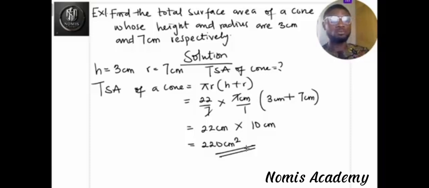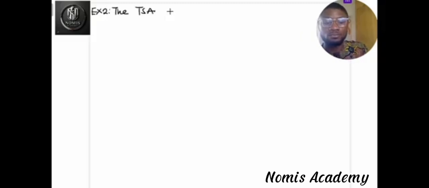Let's take example number 2. Example number 2 says that the total surface area of a cone is 308 centimeters squared.